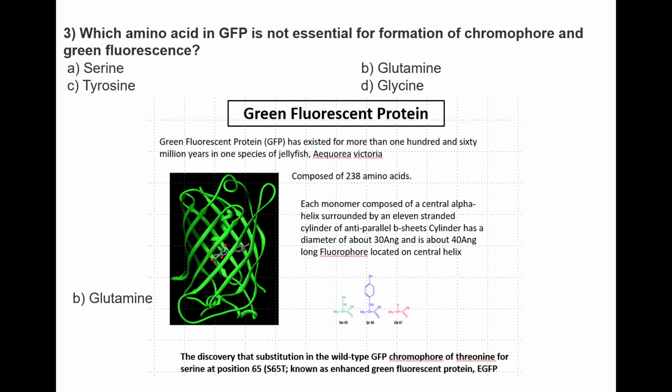The question asks which amino acid is not essential for the formation of the chromophore and green fluorescence. Serine has a role, tyrosine has a role, glycine has a role, but glutamine does not have any role here. So the answer to your question is option B.